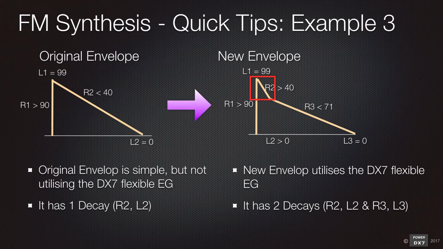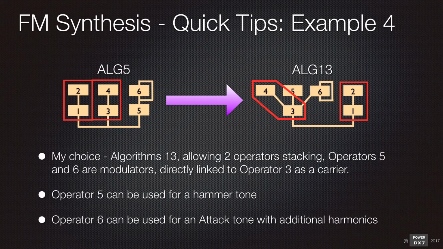This is a plan of attack to change its envelopes from a simple 1 decay type envelope to a more flexible 2 decay type envelope. This slide shows you how I planned changing the algorithm using the concept of algorithm interchangeability. I provided a roadmap and the reasons behind why we make changes. There are no random changes, as FM sound design by chance rarely works.